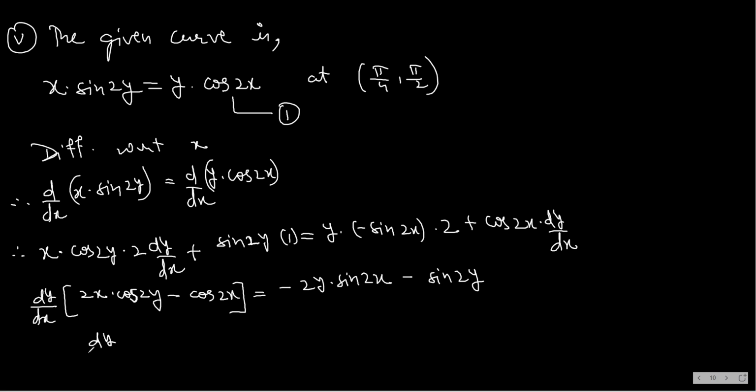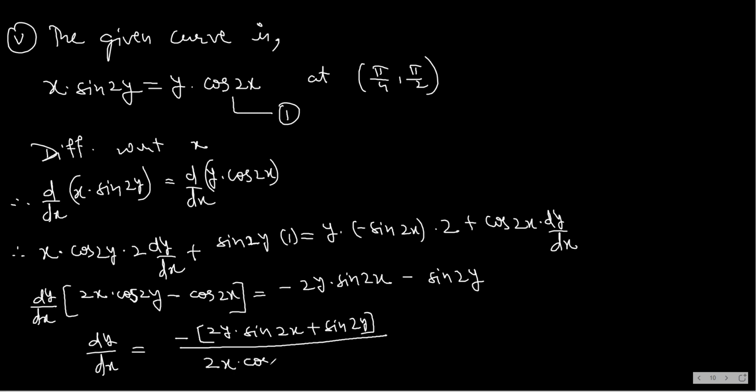So what will be dy by dx? dy by dx will be negative. Let me take this negative sign common. So negative is out: 2y sin 2x plus sin 2y, divided by 2x cos 2y minus cos 2x.